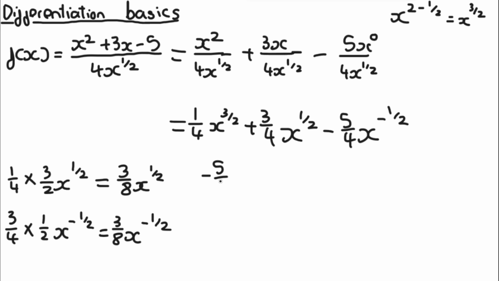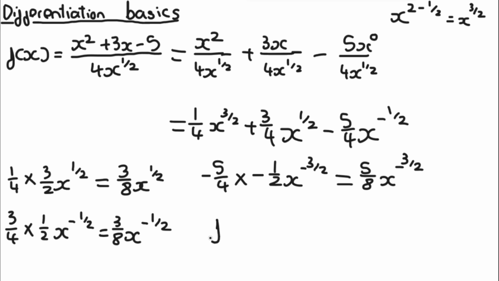And then the last term is going to be minus 5 over 4 times minus a half x to the minus 3 over 2, and this is going to be equal to, we've got two minuses, so these cancel out, so it becomes 5 over 8 x to the power of minus 3 over 2.